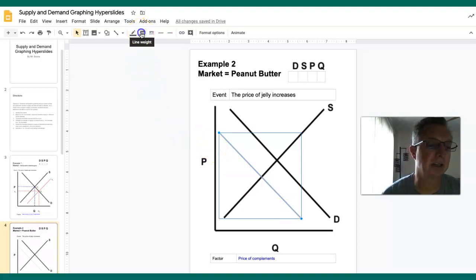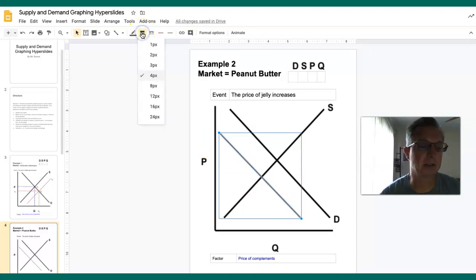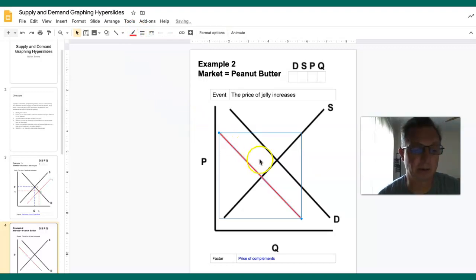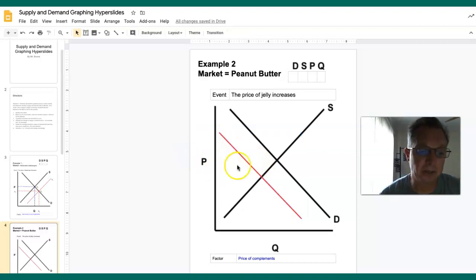And so I need a 4-point line weight. Did you guys see that under line weight? So it makes it wider. Let's give it some new color. So the line color is going to be red. And then we're going to need some new intersection points. So we have new lines here.